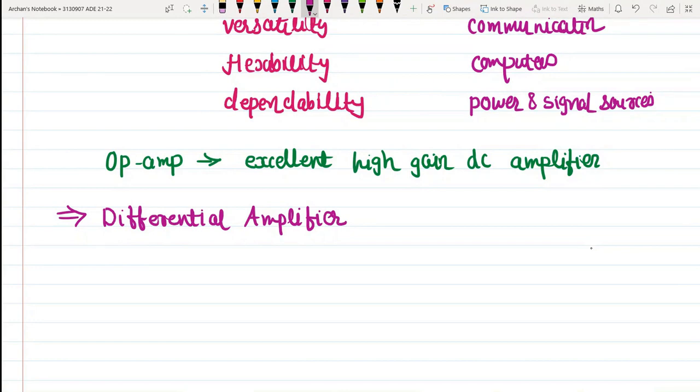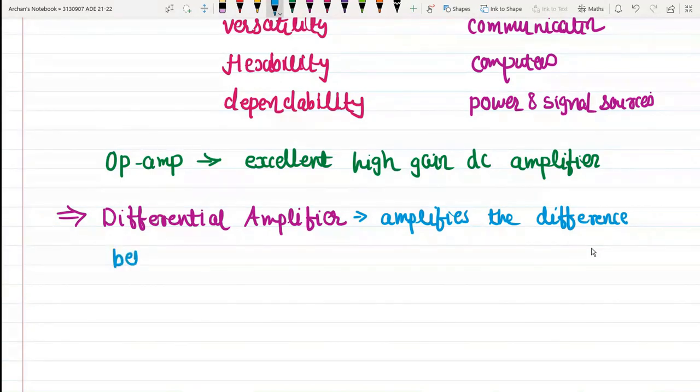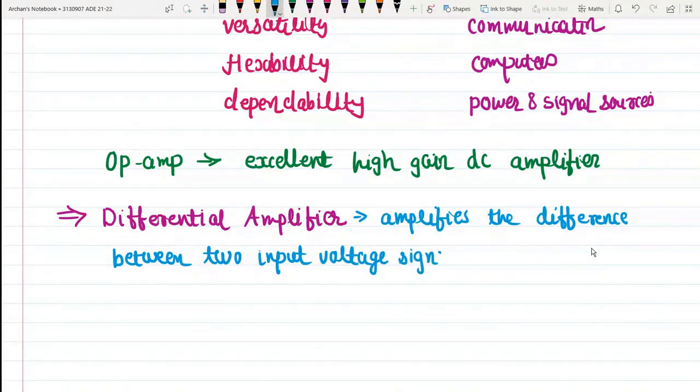Basically, as the name suggests, whenever we talk about the differential amplifier, it amplifies the difference between the two input voltage signals, and this is the reason why it is also known as difference amplifier.